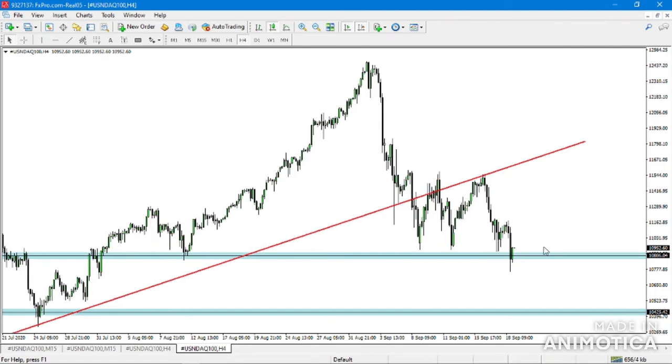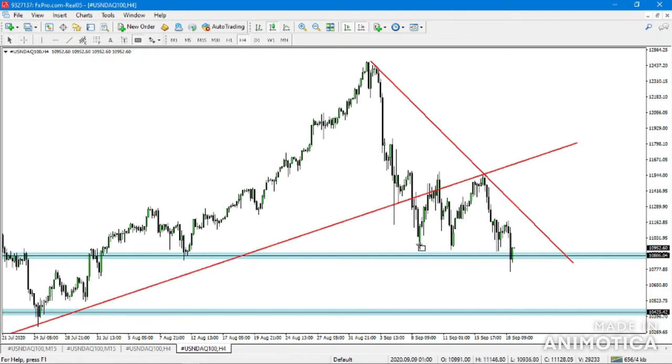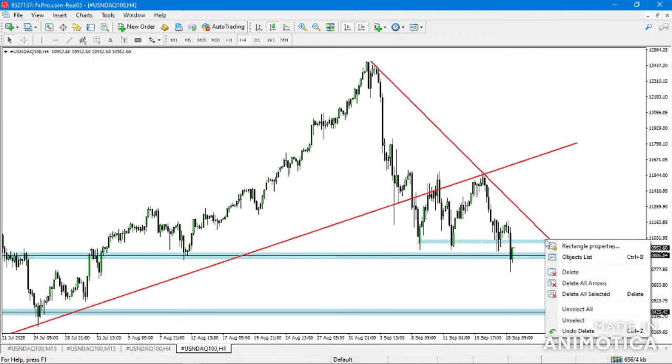All right, yeah, so what you can expect is probably you can take your height over here, this trend line, and we also have the structure right here, right above there.